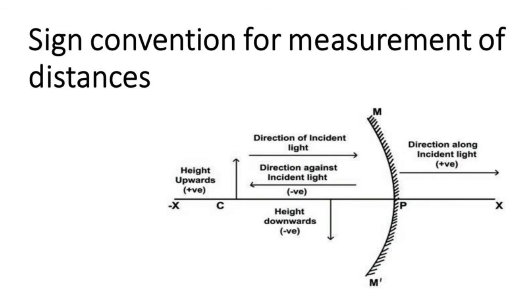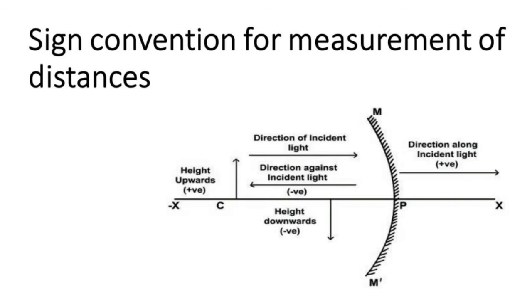Sign convention for measurement of distance. Let's see this diagram and understand it clearly. We follow a set of sign conventions called the Cartesian sign convention to measure distances in the ray diagram. In this convention, the pole P of the mirror is taken as the origin, the center point. The principal axis is taken as the x-axis of the coordinate system.